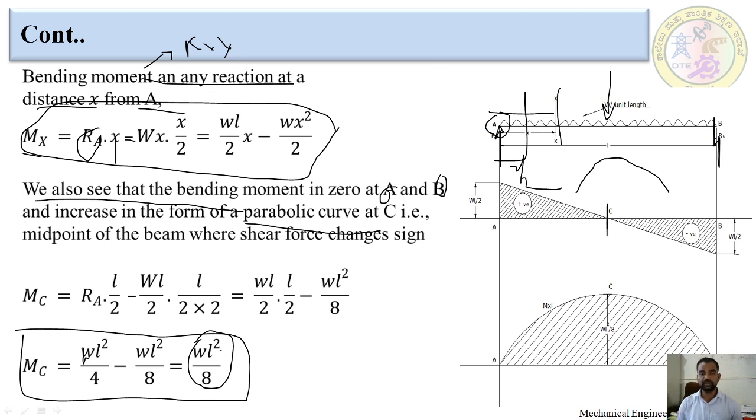I am going to give some conditions with regard to calculations in successive classes. You should remember the first point: whenever there is a support, I am going to give a glance at this diagram. A and B are the two supports. In bending moment calculation, wherever a support is there, the bending moment is always 0.